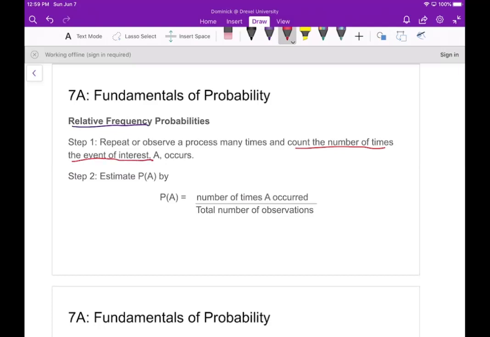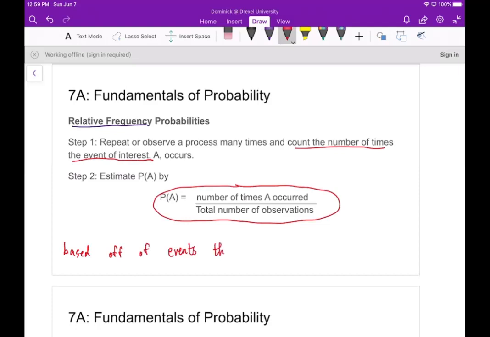And then the next step is we estimate the probability based on this data, and we take the number of times that A occurred, and we divide that by the total number of observations that we had. Right? So this is really more based off of things that have already happened. So based off of events that have happened.